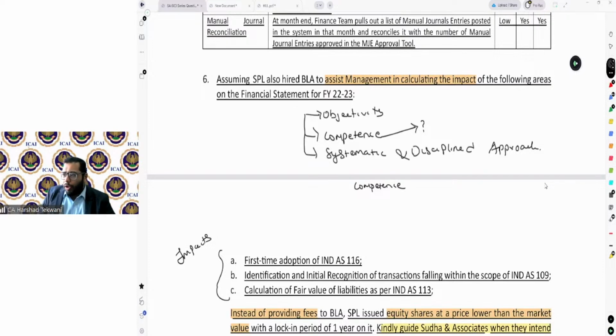So, when I talk about competency, I will look for resourcing: whether the internal audit function is adequately and appropriately resourced relative to the size of the entity and the nature of its operations.